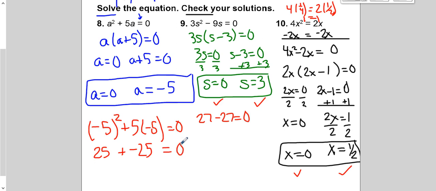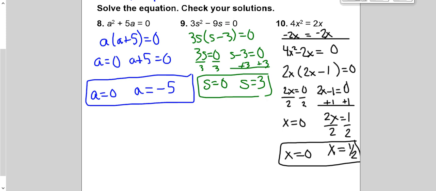Does that equal 0? Yes, it does. So remember, the solution to the equation is the value of the variable that makes the equation true. Okay, so we found them all, and they all check. And that was monitoring progress problems 8, 9, and 10.